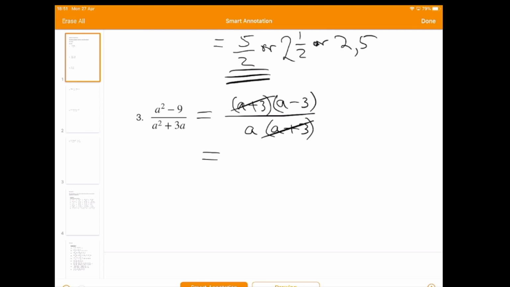And so the final answer becomes a minus 3 divided by a. Remember, we cannot cancel out the a's that you see there. We only cancel out factors. We only divide by factors. So we are not allowed to cross out the a's that are there in the answer. So your answer should remain like that. A minus 3, all divided by a.